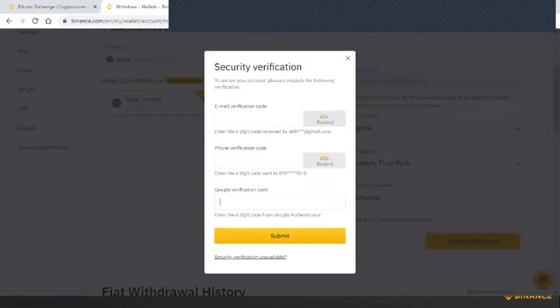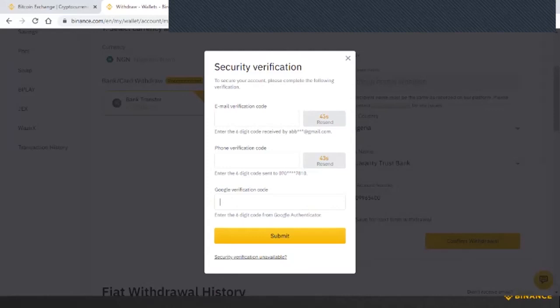I'm entering those codes now. Sorry, I'm trying to log into my email now to get the code.